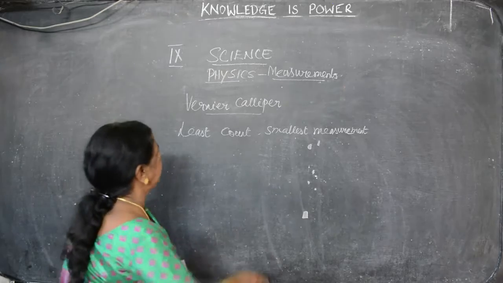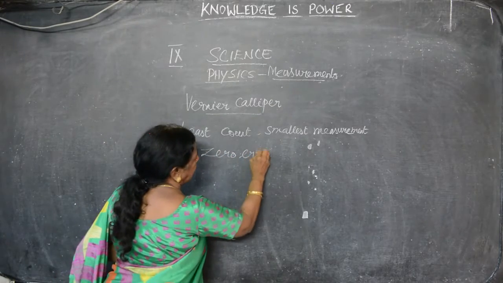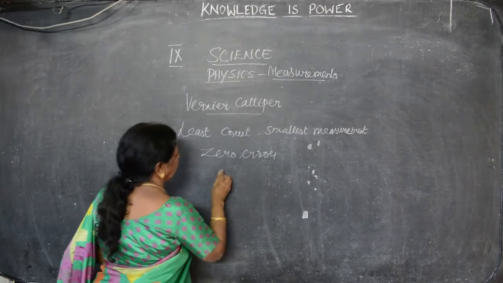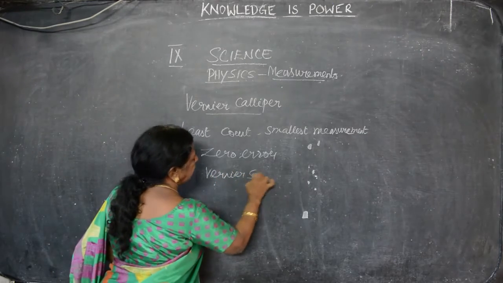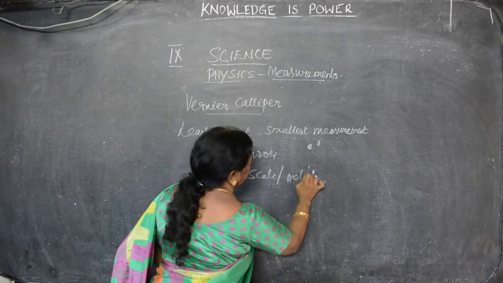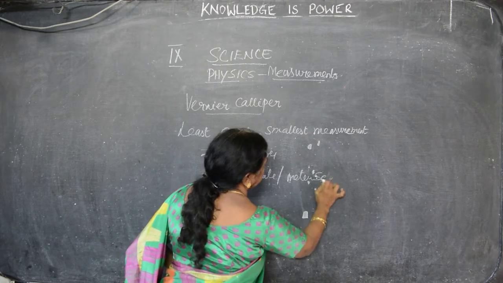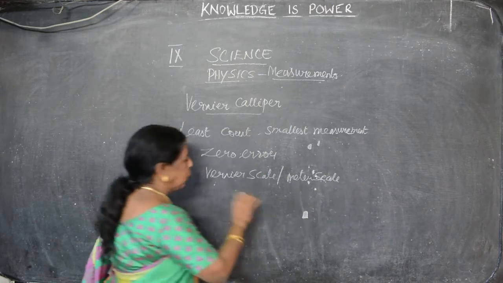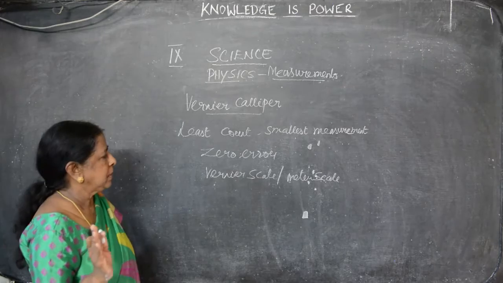Next, we have to see the zero error of the vernier caliper. What are the two scales? One is the vernier scale, which slides along the meter scale. If both coincide in one place, that is known as no zero error.